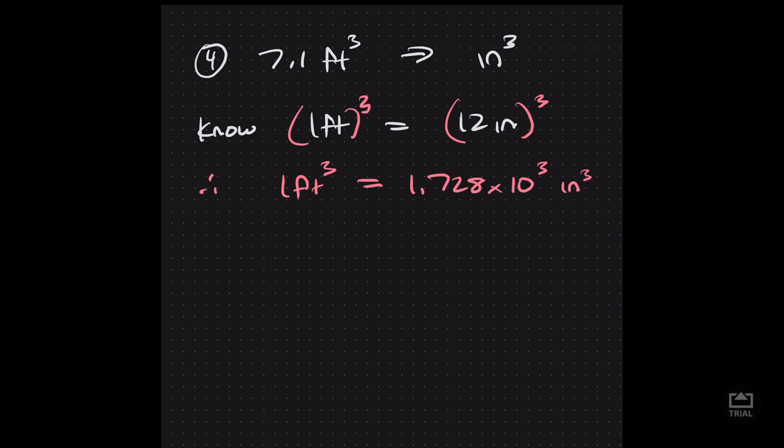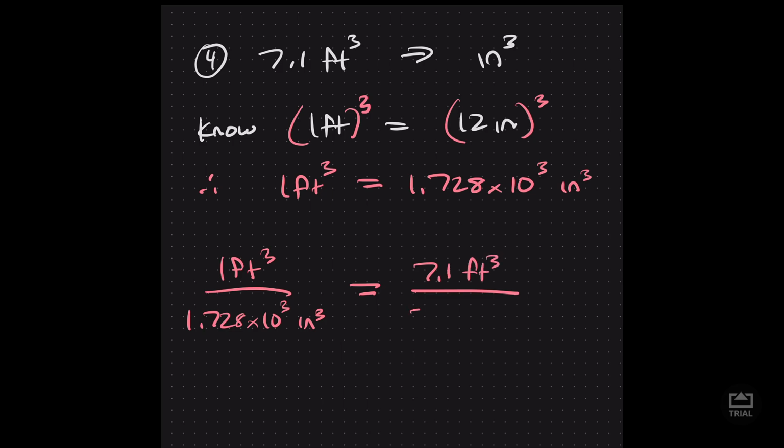And we set up our ratio, so 1 foot cubed is equal to 1.728 times 10 to the 3 inches cubed, and make that equal to an equivalent fraction or ratio, which would have 7.1 cubic feet here. And how many cubic inches is that? Cross multiply, and we end up with x equals 7.1 times 1.728 times 10 to the 3.